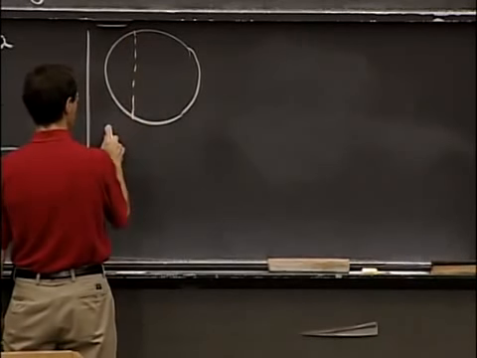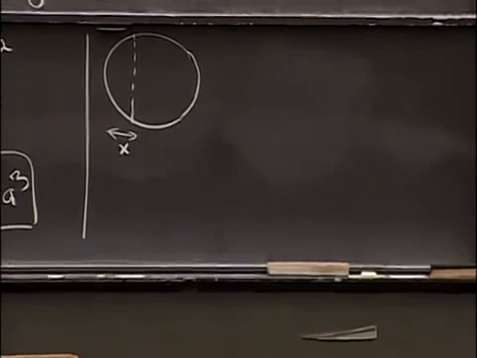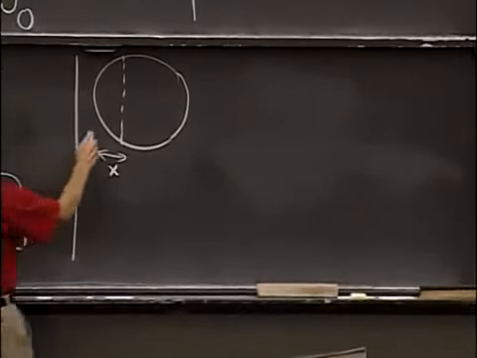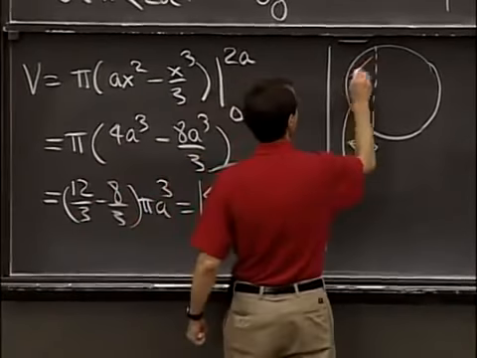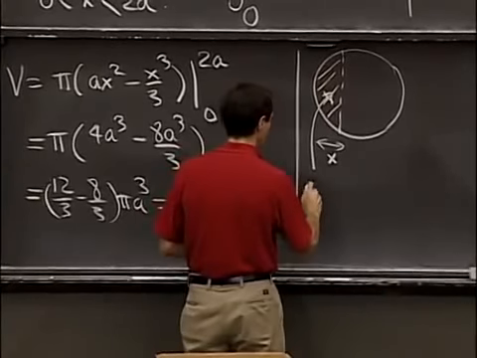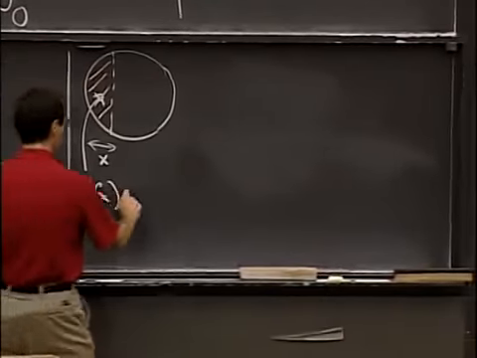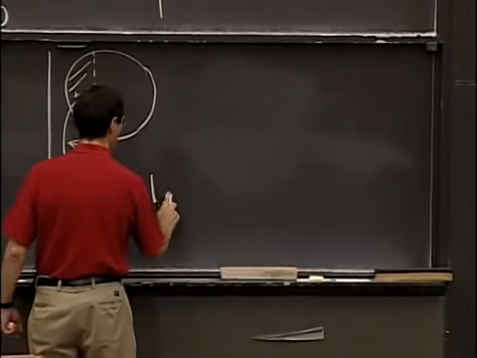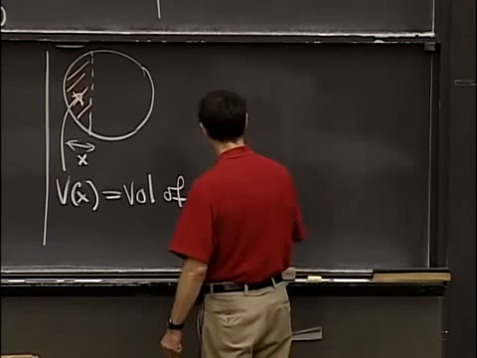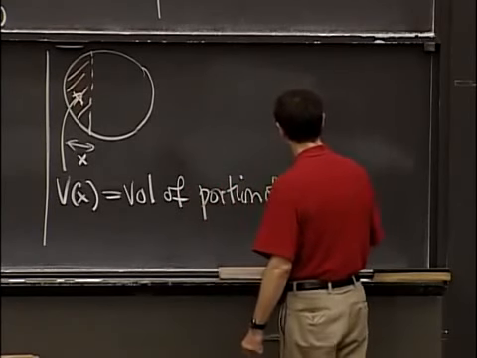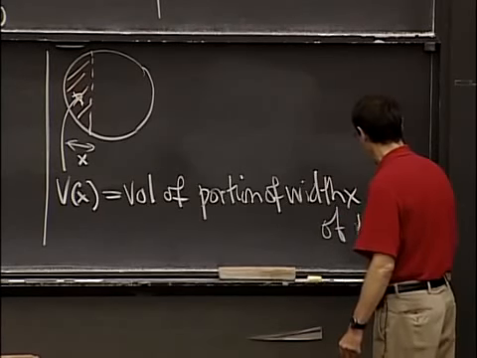If I chop this thing, and this portion is x here, then the antiderivative, this region here, which I'm going to call v of x, is the volume of the portion of width x of the ball.